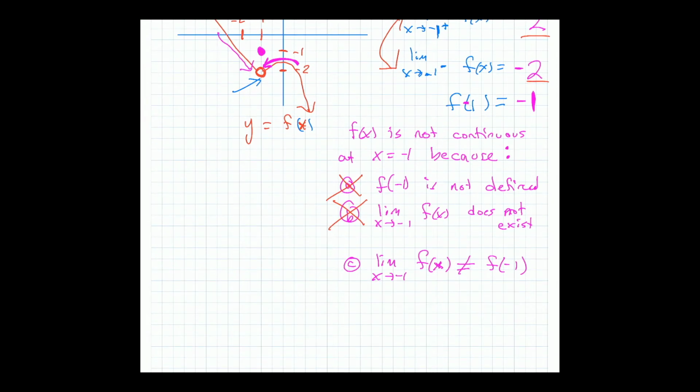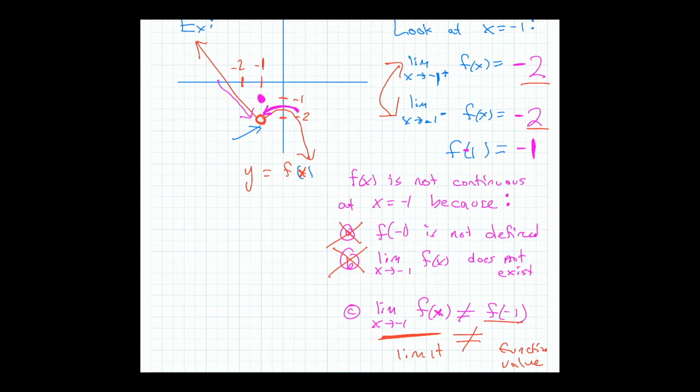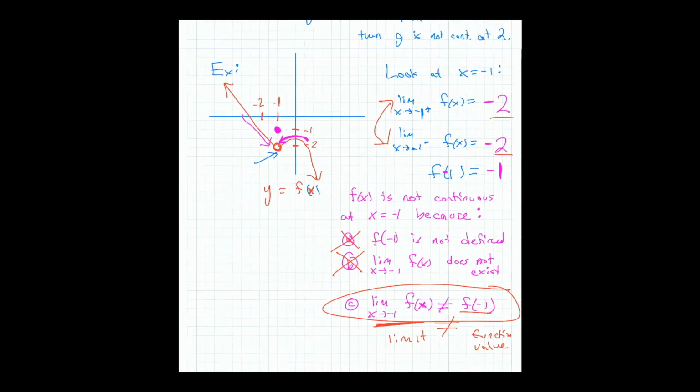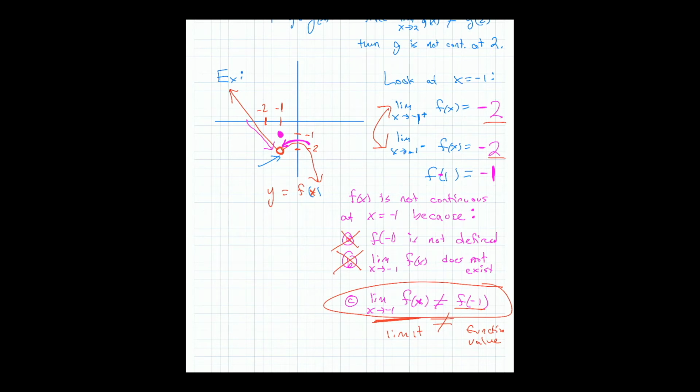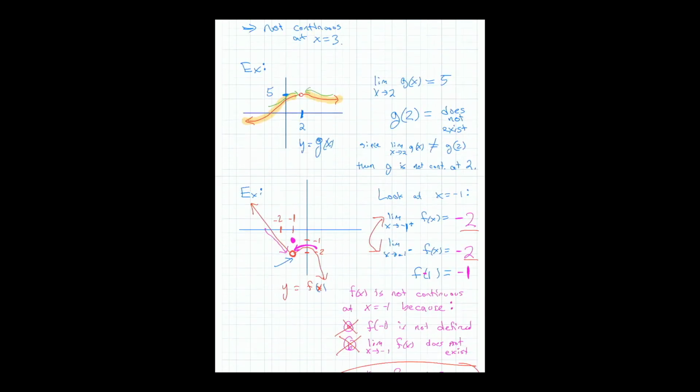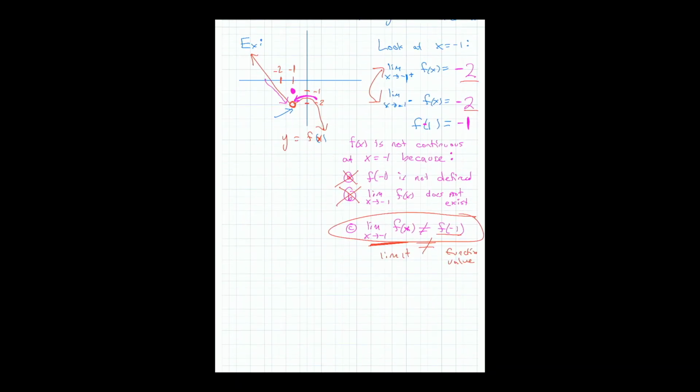Choice C says the limit and the function value just aren't equal. Yeah, that's the problem, right? One answer is -2, one answer is -1, and those aren't the same number, and that's why. So this is it. That's what went wrong, right? The limit existed, the function value existed, but they were not equal. Okay? And that is a type of discontinuity.